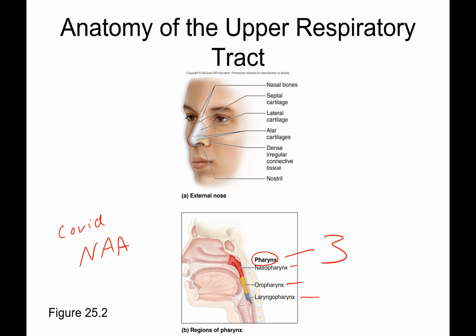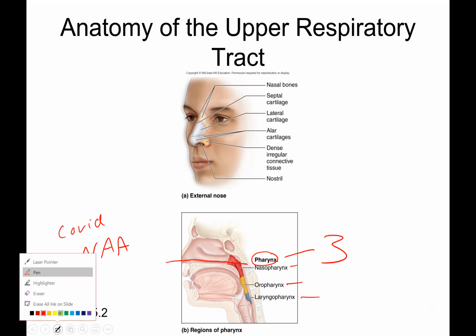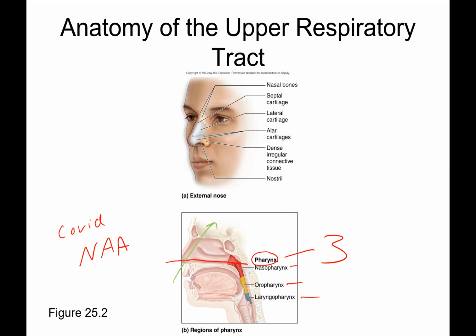So what you're doing is you're taking basically a sterile fancy Q-tip and going way back into the nasal cavity there. Now I do this test in my office, and what people think is that you're doing this. Okay, you're going up and stabbing their brain.